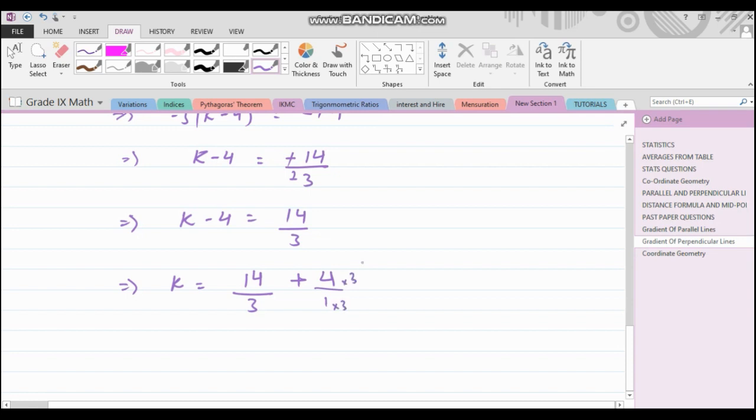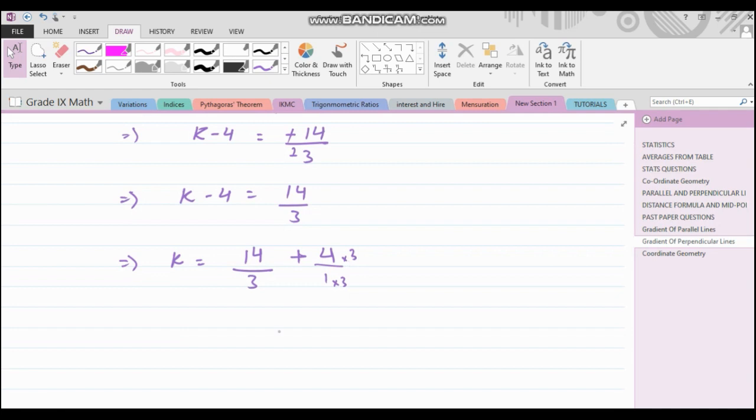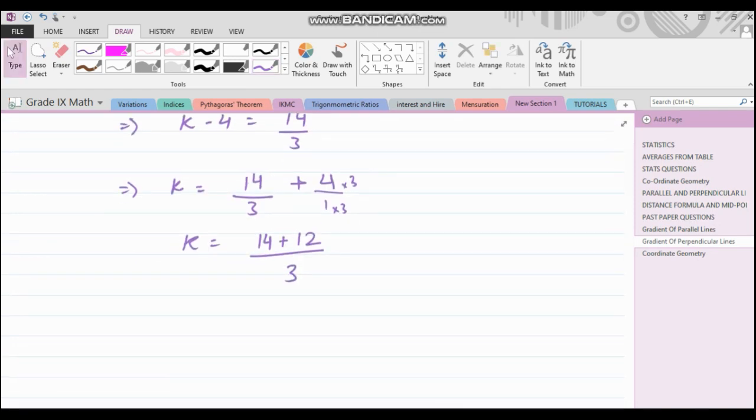Similarly for the numerator as well, I have to multiply it by 3. Both would make the denominator 3. Here is a 14 and 4 times 3 is a 12. So 14 and 12, how much does that get us? Gets us 26 by 3.